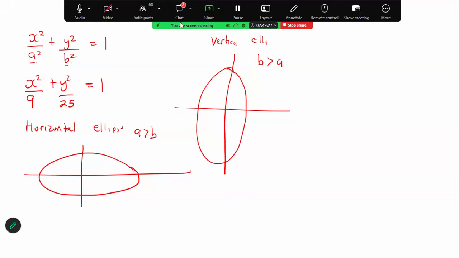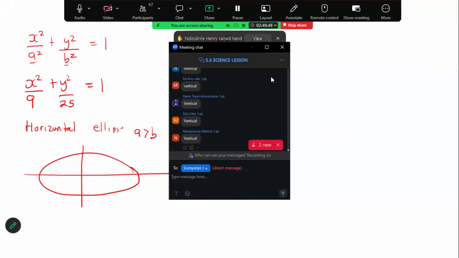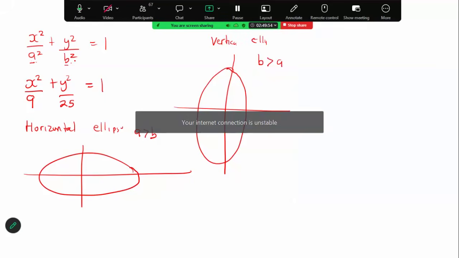Is it horizontal or vertical? It's going to be a vertical ellipse. Very good. So now it means that your y is bigger.